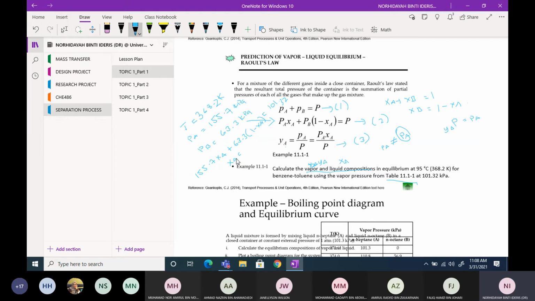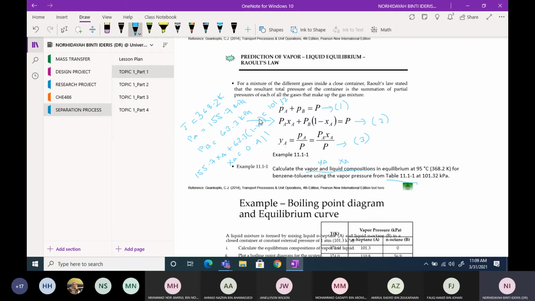So what value do you get for SA? It's easy. You will get SA equal to 0.411.